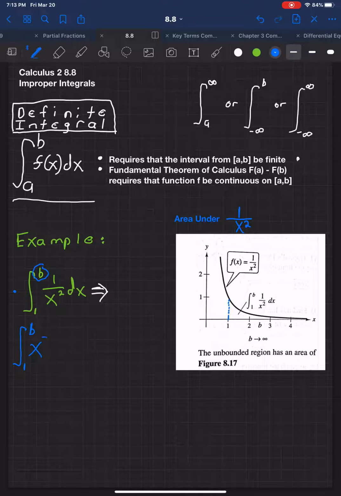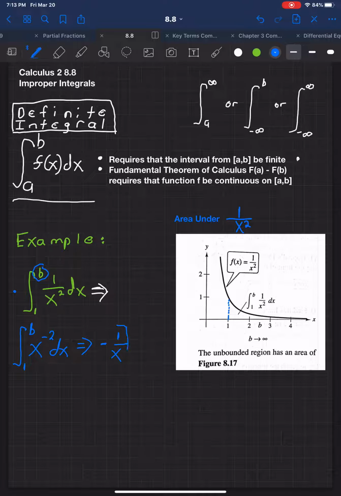So of course we can rewrite this as the integral of x to the power of negative 2. And we can go ahead and integrate this, which means we're going to x to the negative 2 plus 1 over negative 2 plus 1. And the result is negative 1 over x.